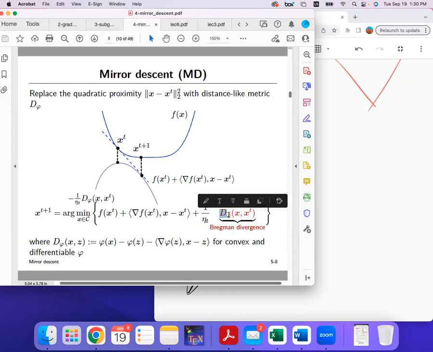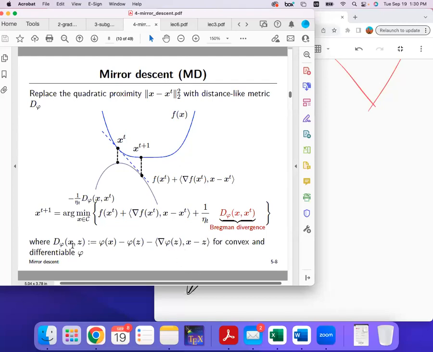And this phi in the subscript is a function that we use to define this divergence term. The Bregman divergence between two points x and z, under a function phi, is defined as follows: phi(x) minus phi(z) minus this dot product term.